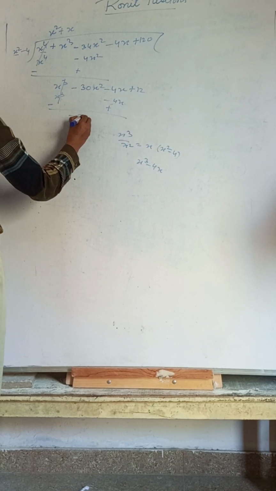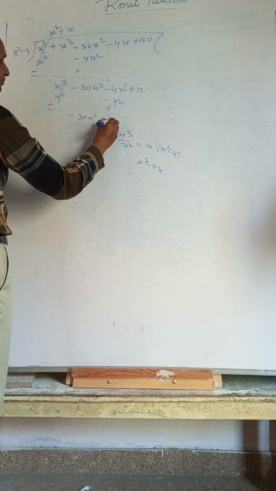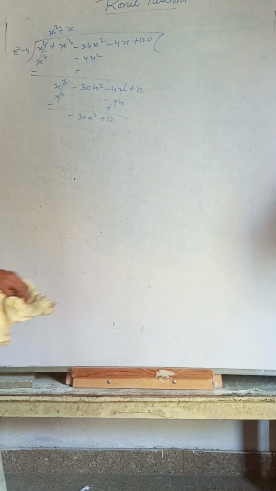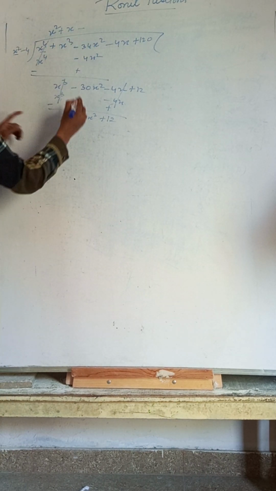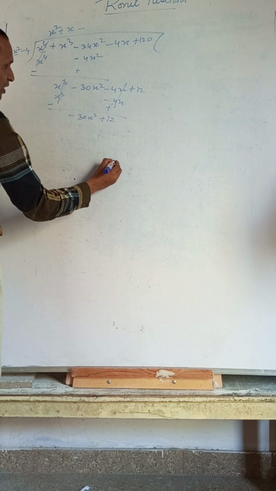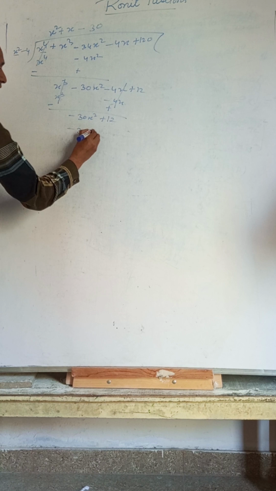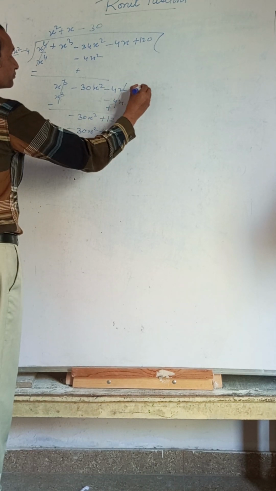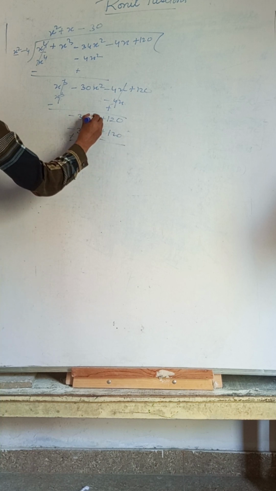This becomes minus 30x square, and plus 120. Now minus 30x square divided by x square is minus 30. So minus 30x square plus 120 is what? We do the subtraction, and these are cancelled.